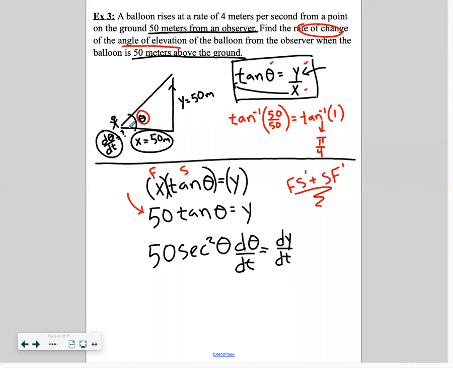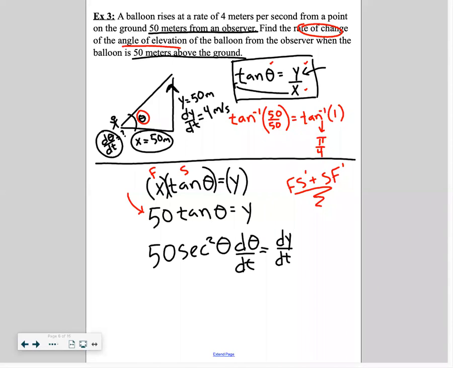Your observer is standing 50 meters away. However, this balloon is rising, okay? So at that instant, it's 50, but it's still rising. And actually, I missed a piece here. This was dy dt. And it says at the very beginning of the problem, in that first sentence, a balloon rises at 4 meters per second. So I missed that the dy dt there is 4.